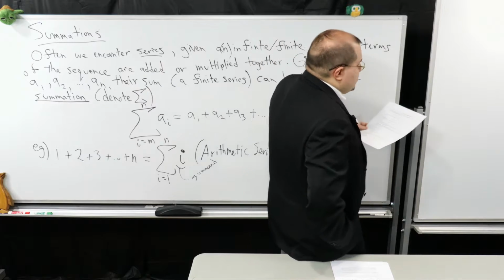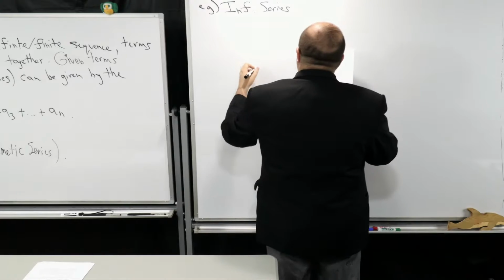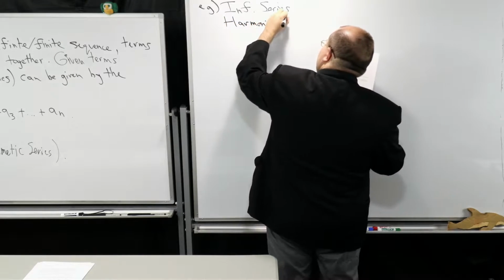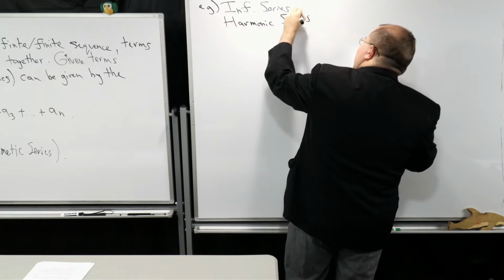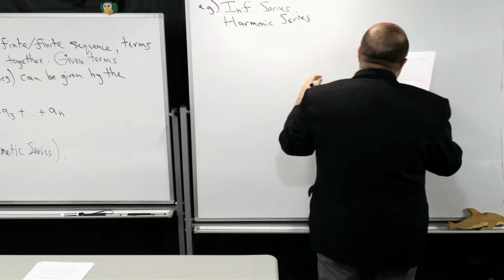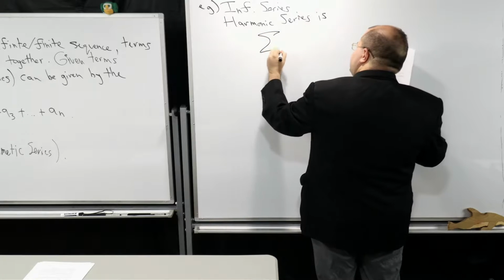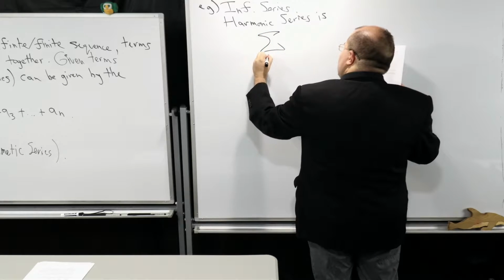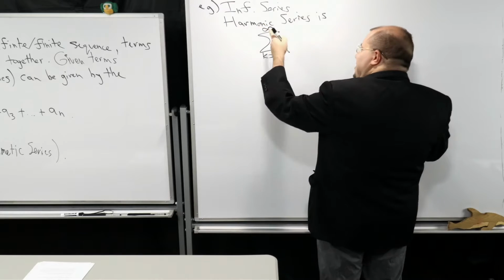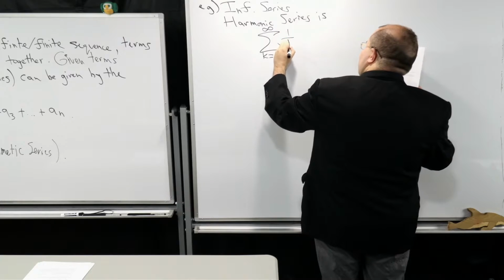I'll give you another example. This time I'll give you an infinite series. The infinite series I'm going to talk about is the so-called harmonic series. If you've taken an analysis course or a sequences and series course, you will have seen this at some point. Don't worry if you've never seen it before, that's fine. It is the sum from k equals 1 to infinity. That's how you know right away it's an infinite series. You see the infinity symbol there, of 1 over k.